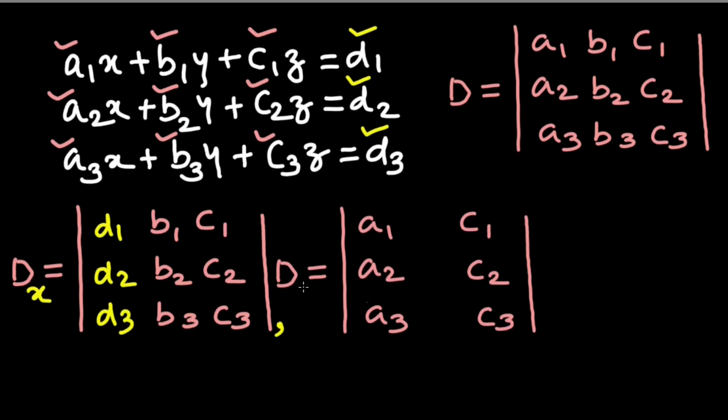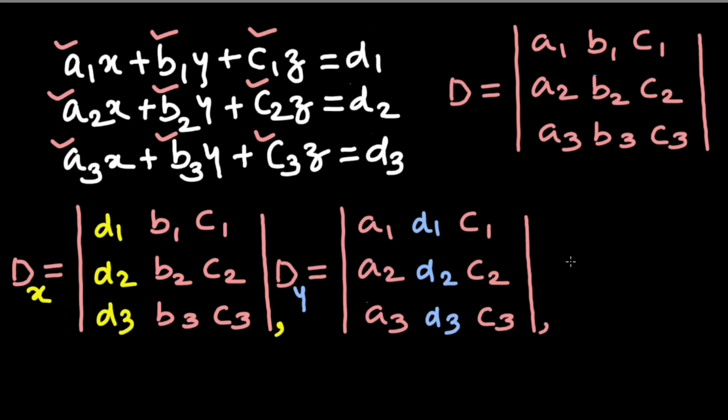We form the next determinant Dy by replacing b1, b2, b3 by d1, d2, d3. So we get determinant Dy equals a1 d1 c1, a2 d2 c2, a3 d3 c3.